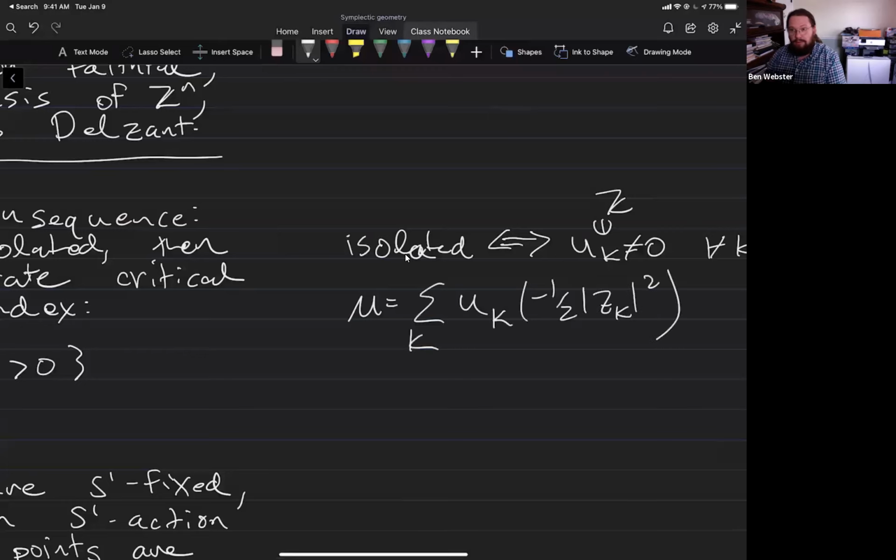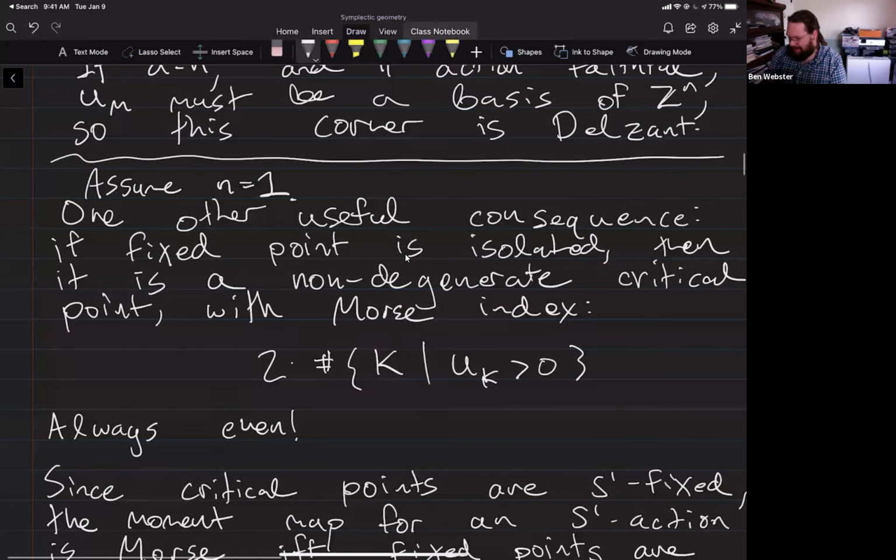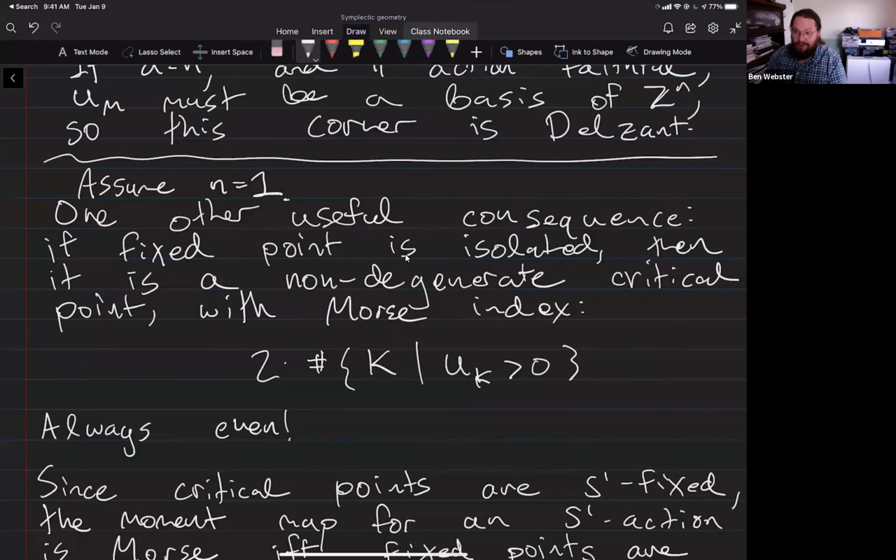All right, so this is a Morse function, right? This is essentially the definition of a Morse function, that locally around your critical point, your function looks like this. So it's a non-degenerate critical point, and the Morse index of that non-degenerate critical point is the number of these UKs that are positive times 2.